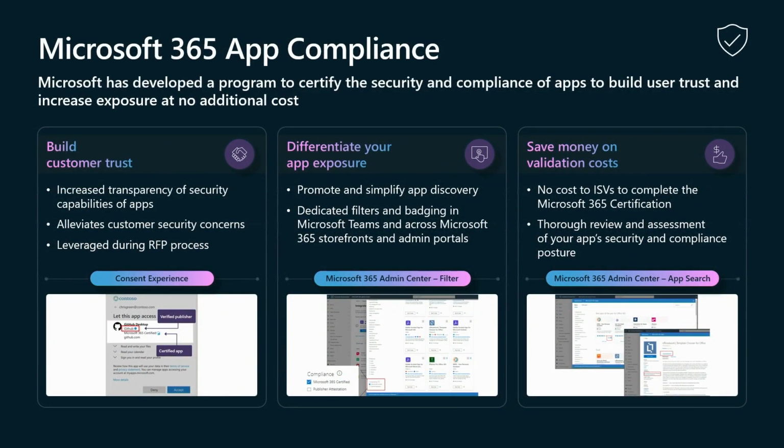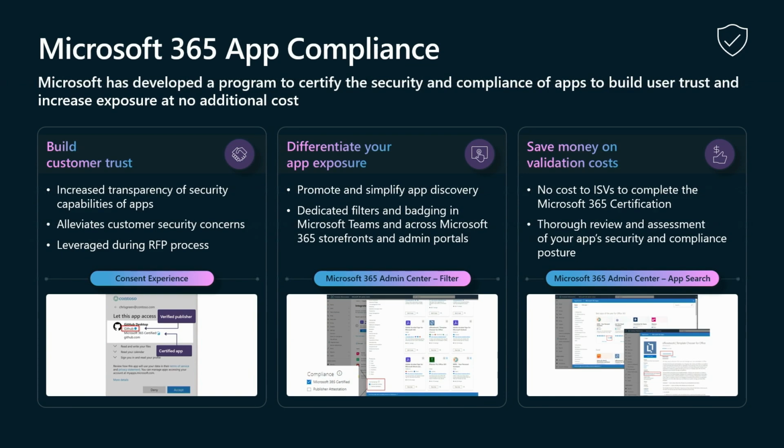And finally, let's talk about how you can help your customers build trust in the extensions that you're building. So we offer this Microsoft 365 App Compliance program, which helps you and your organization meet the rigorous standards for security, privacy, operations, and data handling.